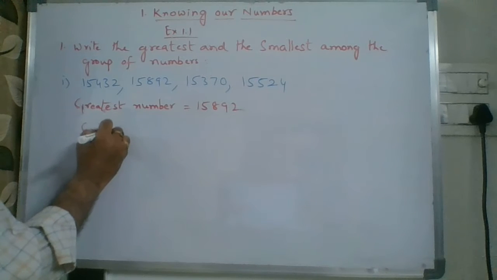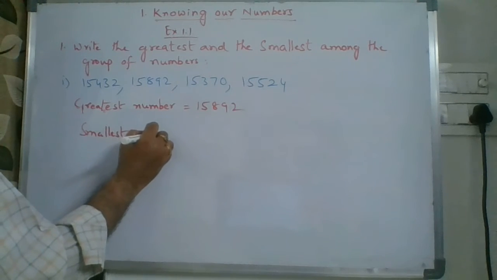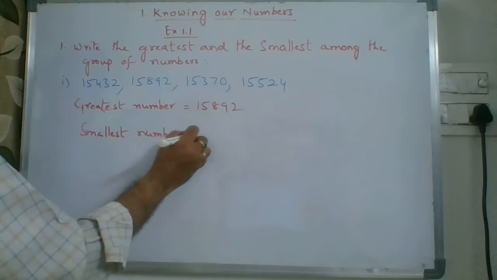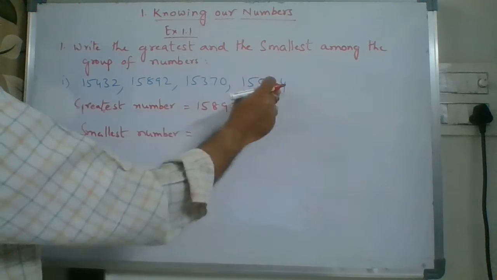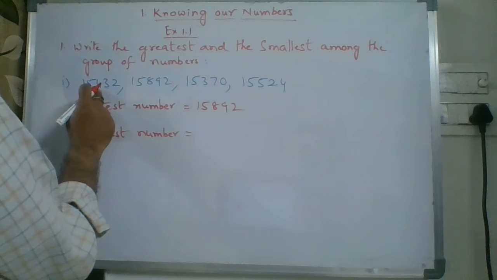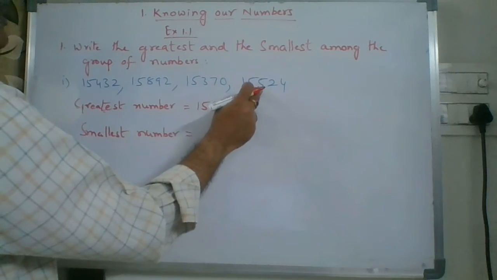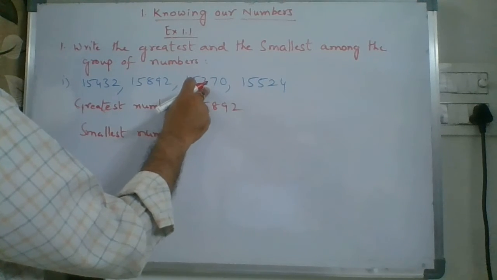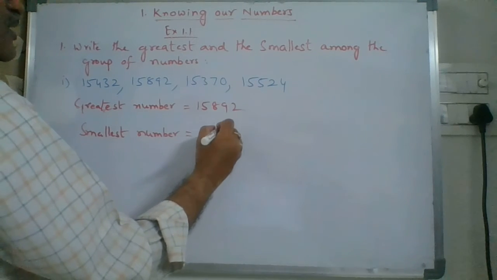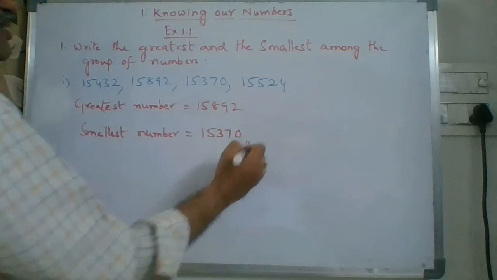And the smallest one? See, compare these three now. In the hundreds place it is 4 here, 3 here and 5 here. So in these three, 3 is smaller. Therefore, 15370 is the smallest number.